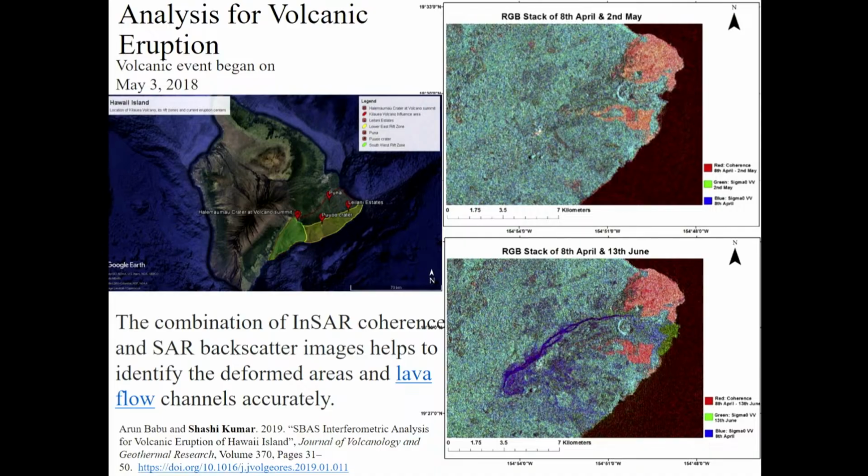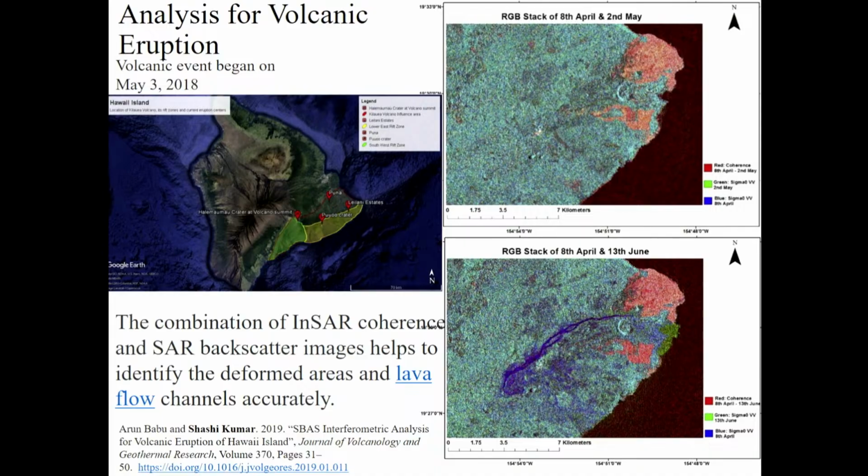We know that interferometric coherence is a kind of complex correlation coefficient, and the interferometric coherence will be high for those objects in the two images which are not going to change with time.